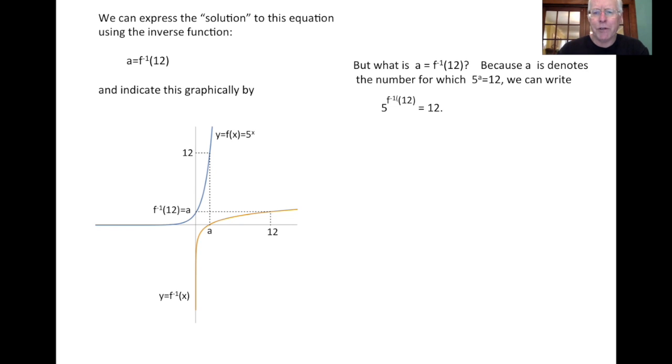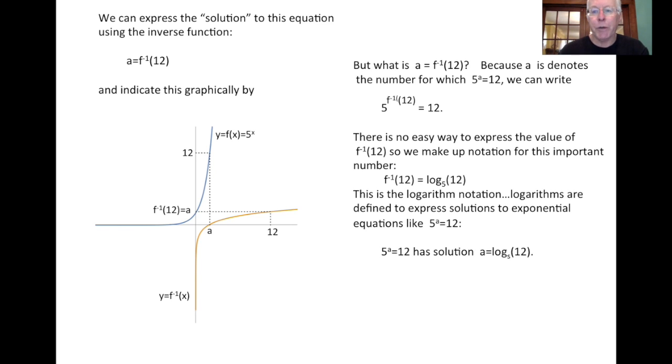But does that give us much insight into f inverse of 12? Because a denotes the number for which 5 to the a equals 12, we could write this relationship in a number of ways. For example, we can write 5 to the f inverse of 12 equals 12, again, because f inverse of 12 is the input for which the exponential 5 to the x gives output 12.